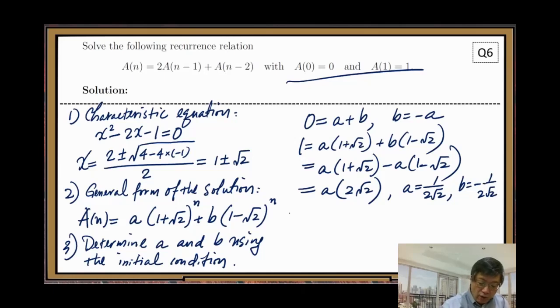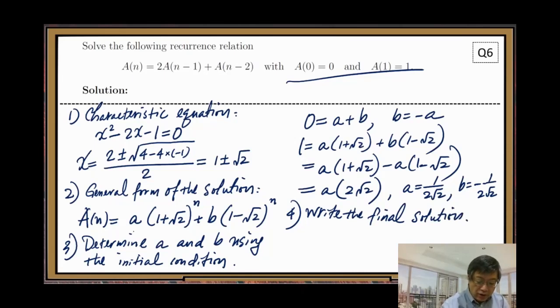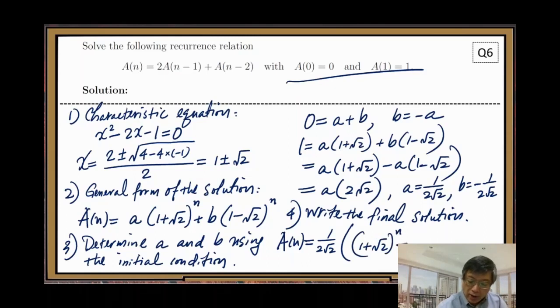Step 4, write the final solution. You have the little a value and little b value, so your final solution is a of n equals 1 over 2 root 2, parenthesis, 1 plus root 2 to the n minus 1 minus root 2 to the n.